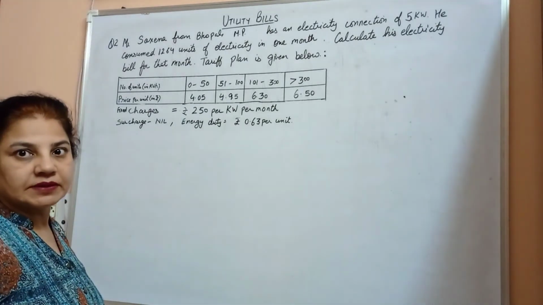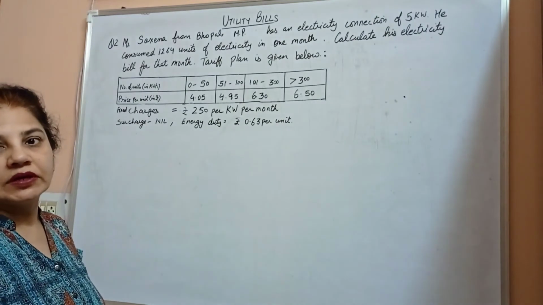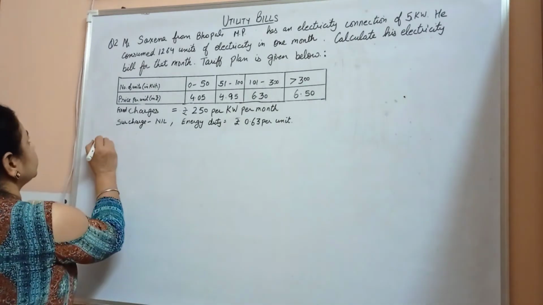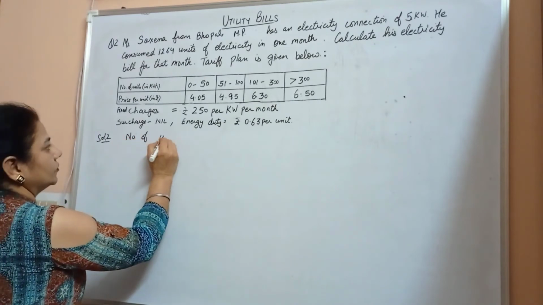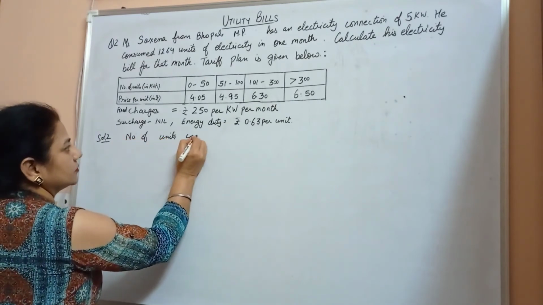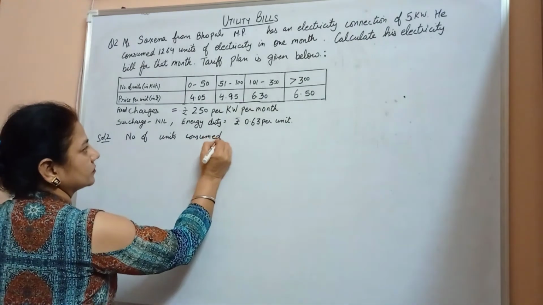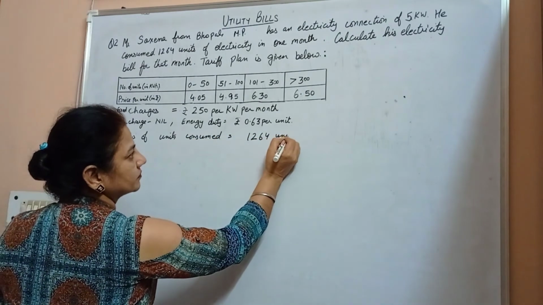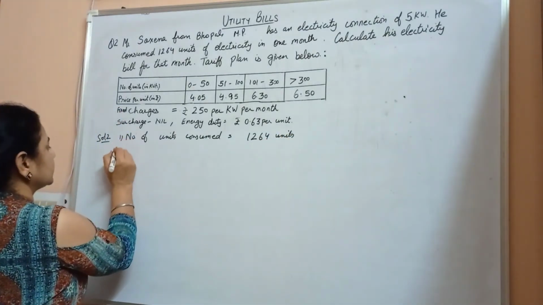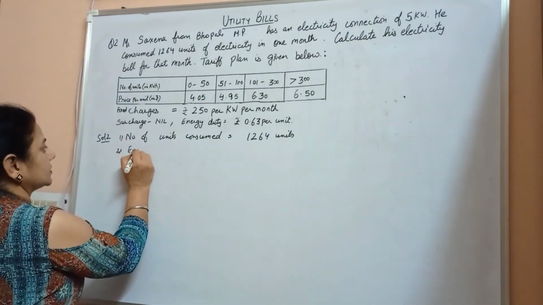Again, we follow the steps. First of all, we calculate the number of units consumed. So number of units consumed is 1264 units. Second step is energy charges.